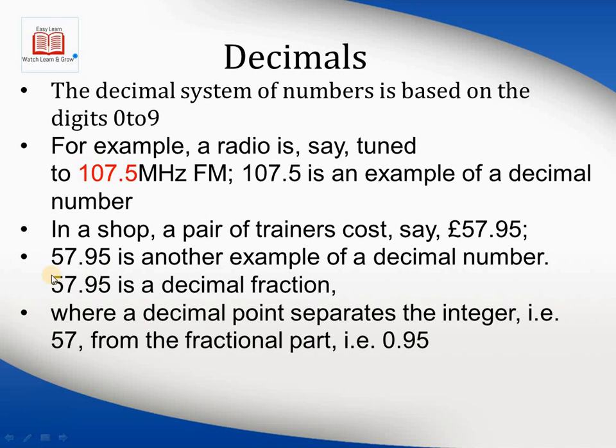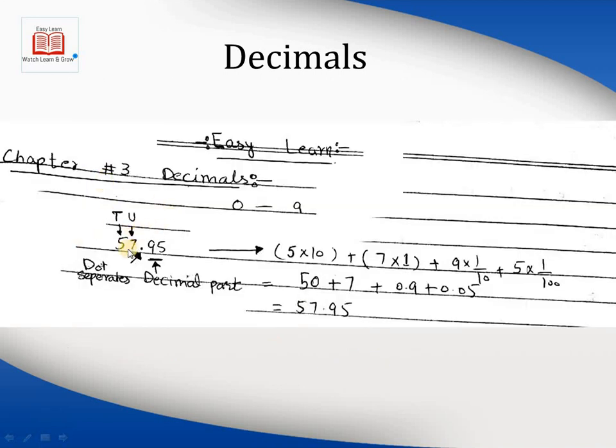This shows that 57.95 is not exactly 58, but a little bit less, and this is the fractional portion, 95. So 57 is a complete integer, and the fractional part is 0.95. This is 57.95. The dot separates the complete integer from the decimal or fractional part.